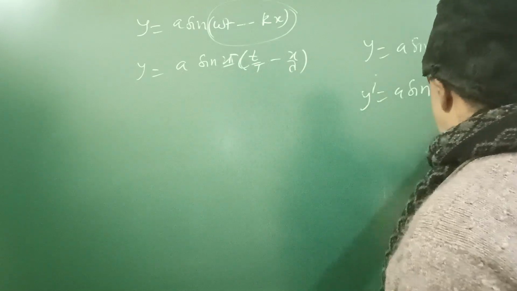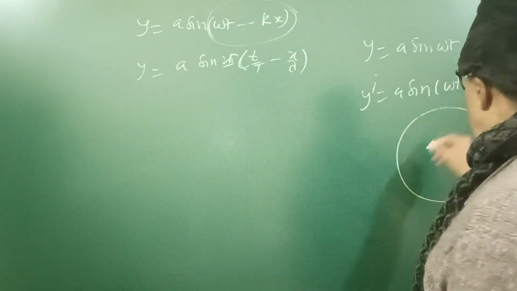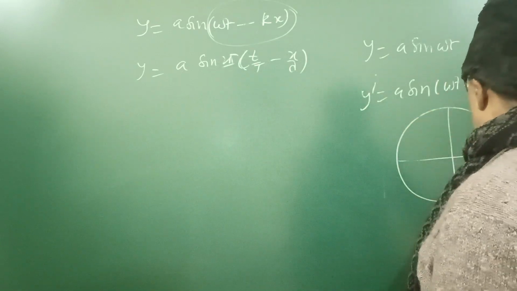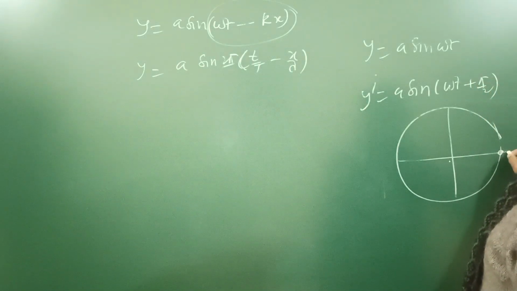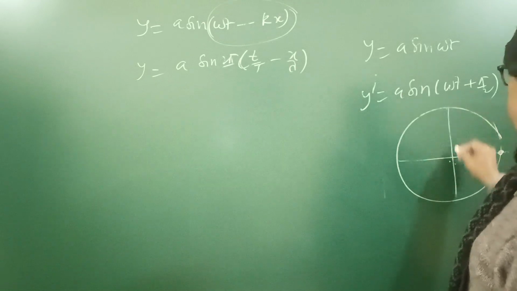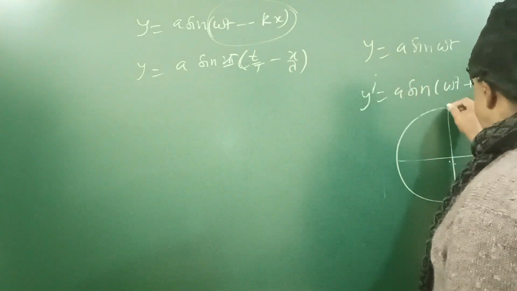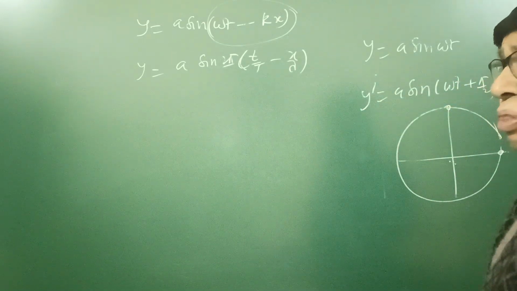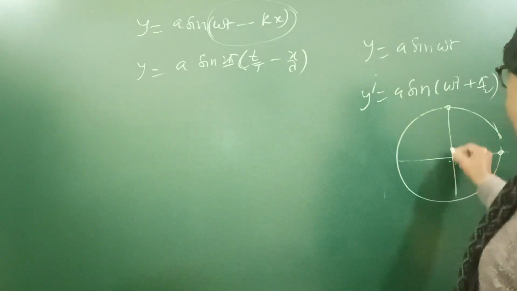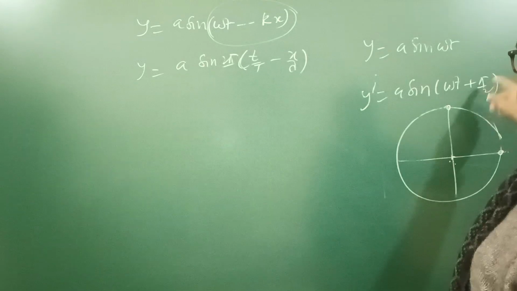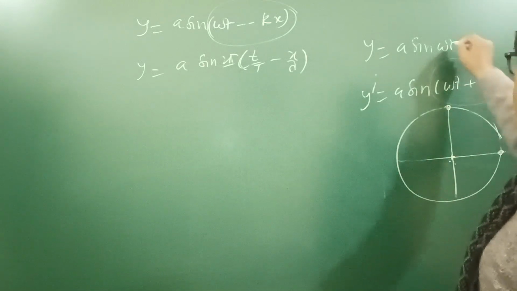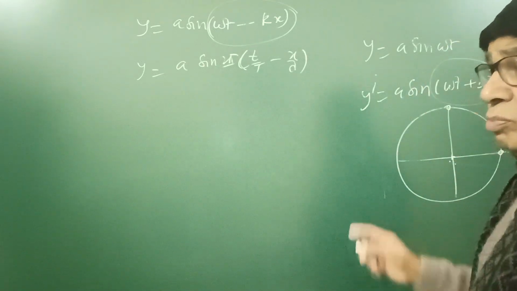It means if I take the reference circle at t equal to 0, y, the body oscillating, is here, and at this time y dash is here at t equal to 0. Its displacement from mean position is capital A, and this represents a phase difference of pi by 2.